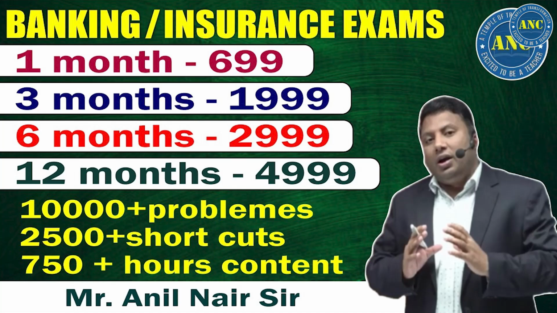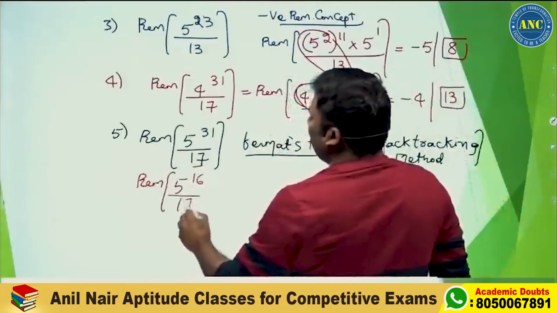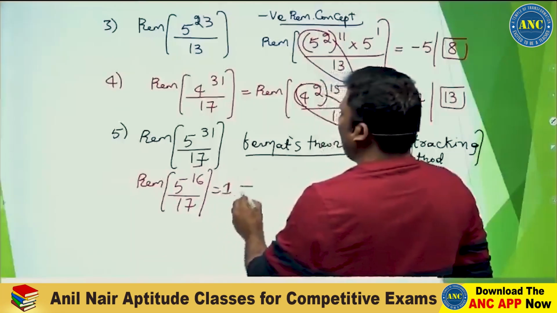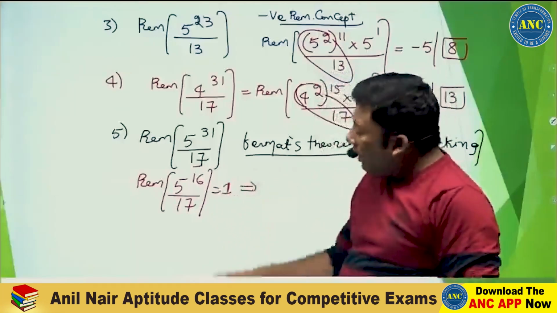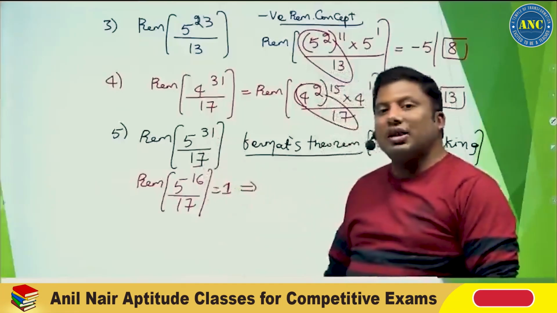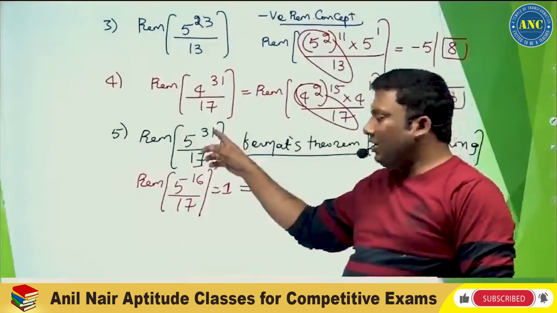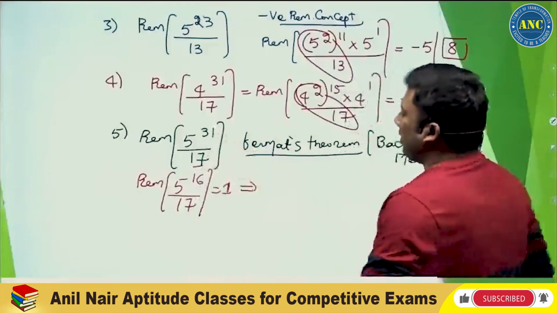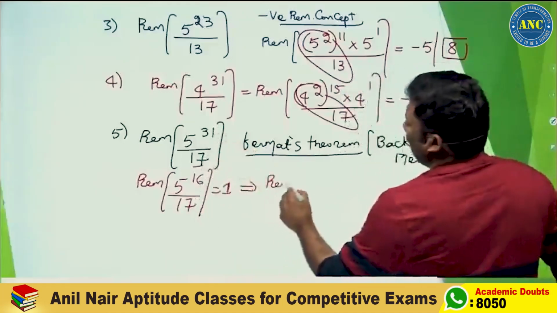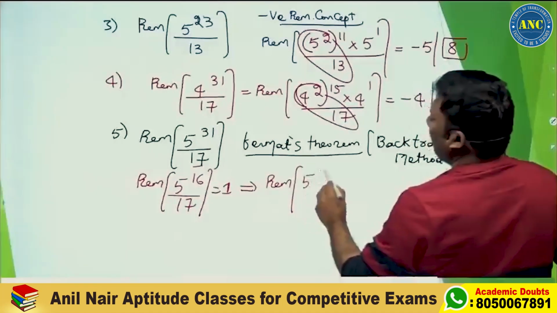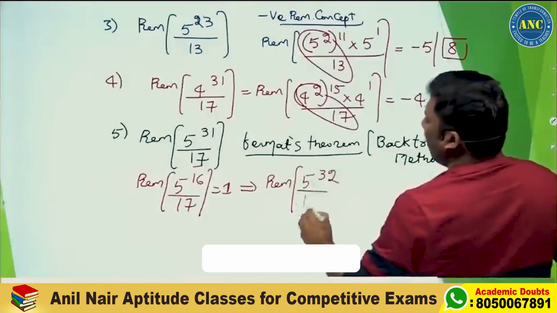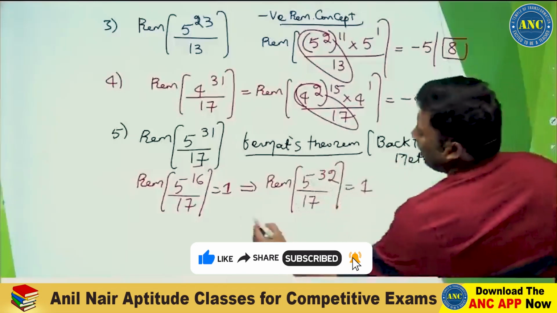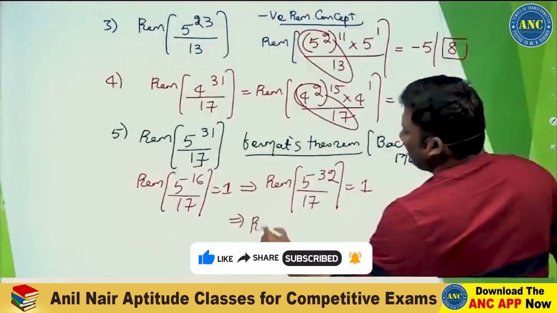So 5 power 16 divided by 17 is 1, according to Fermat's theorem. But according to the question, we require 31. 16 twos are 32, so it is 5 power 32 divided by 17, which is nothing but 1.